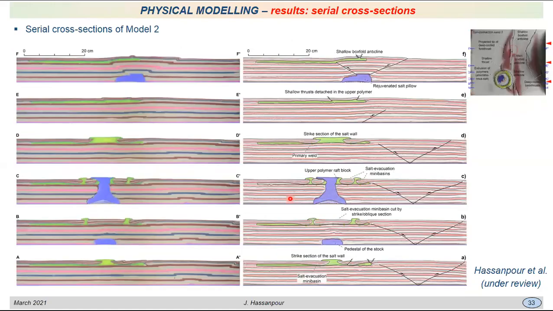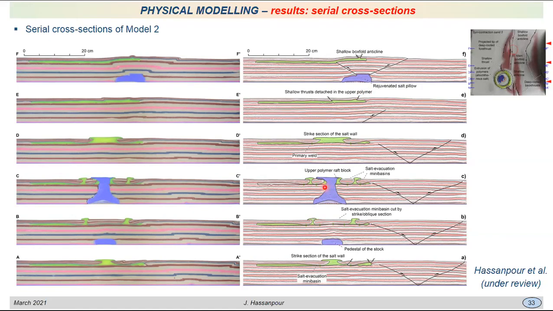So in the case of Model 2, it has some differences. For example, the salt pillow in Model 2 shows reactivation and involvement in the core of the box fold due to its closer position to the hinterland, even if Model 2 has been shortened by about 2 centimeters less than Model 1, but you can see that the salt pillow has been reactivated.